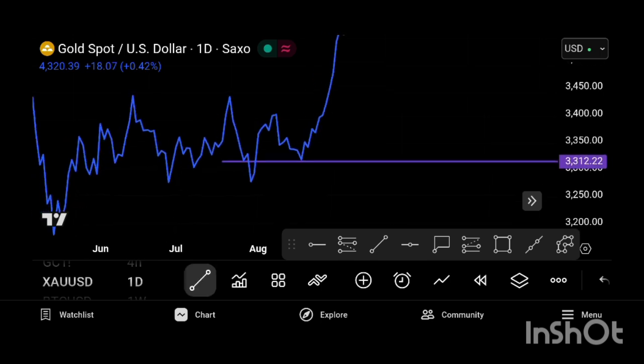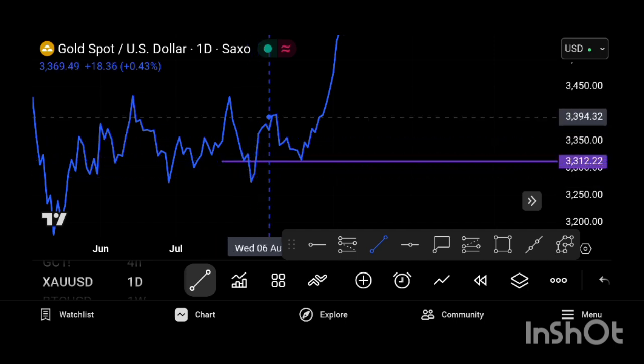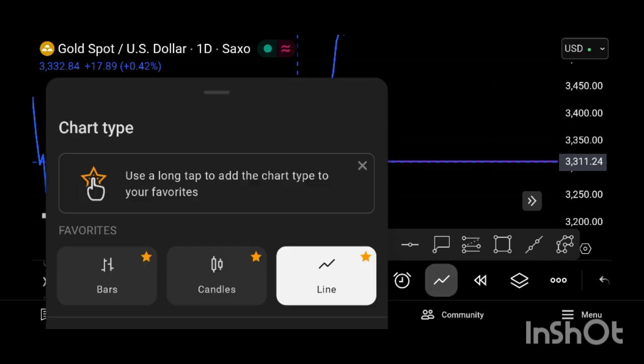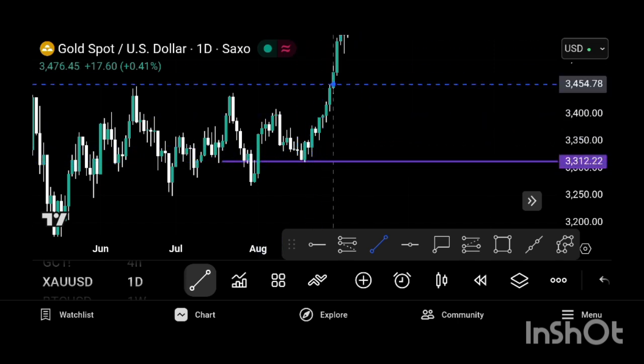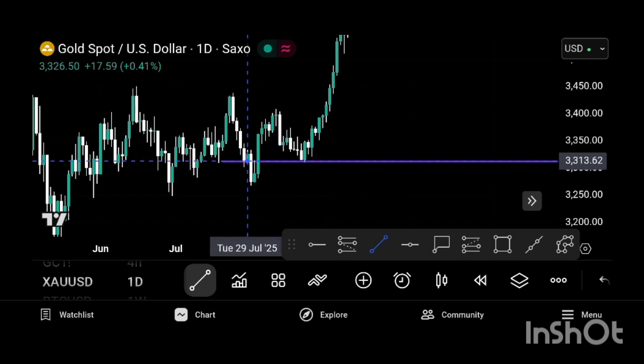So you have the head, you have a left shoulder here, and you can see that when price came to the left shoulder, it reacted from there and price kept going up. So this is left shoulder support. It's a type of support and resistance that we use in identifying key positions in the market. You see price touch it, reacted from it, and then we had a continuation of the bullish momentum in this case.